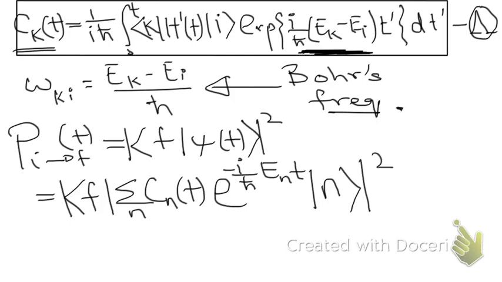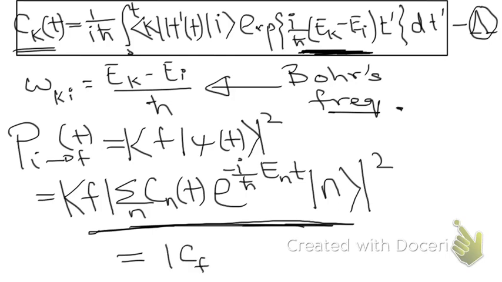Okay, so this over here is just my state psi of t, and then this whole thing inside the square is simply equal to the CF expansion coefficient as a function of time, and then we have the modulus square outside.